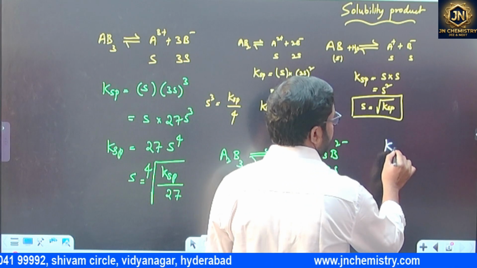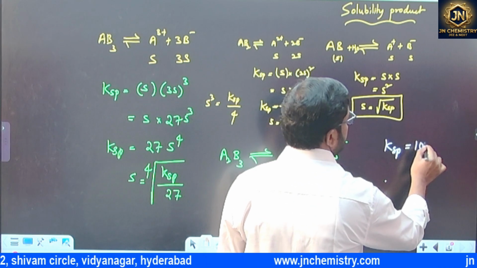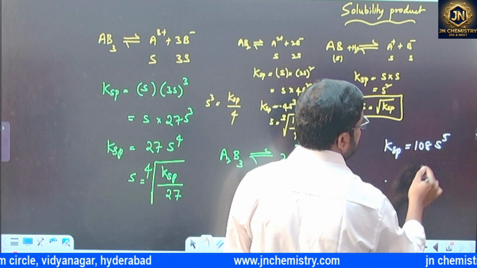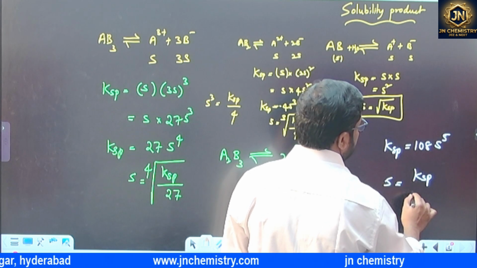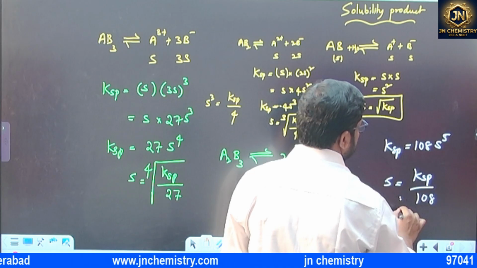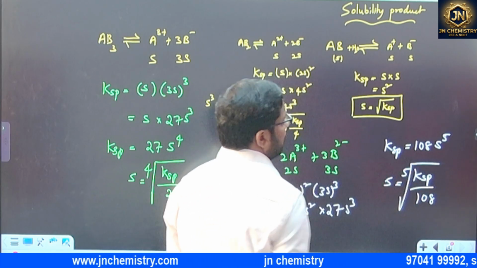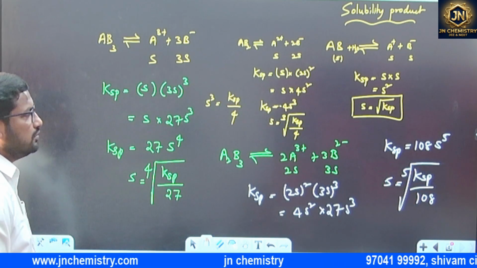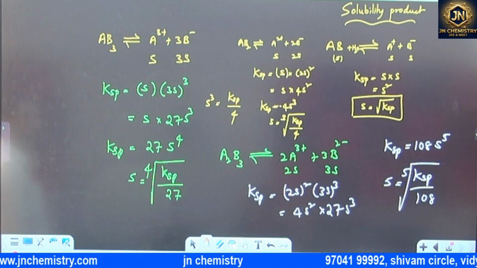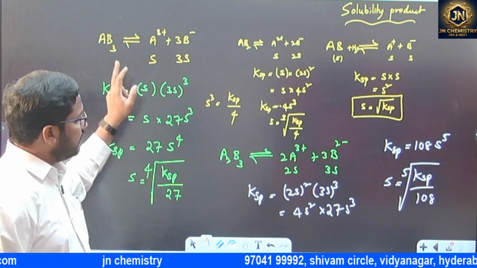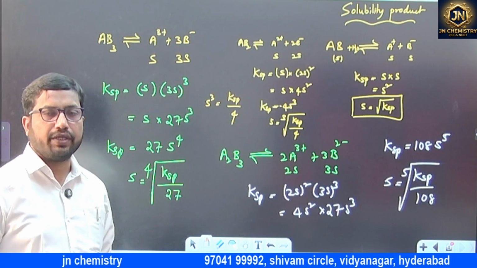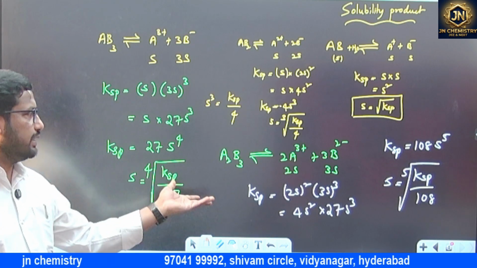Ksp is equal to 108 S⁵, so S is equal to the fifth root of Ksp by 108. Right, this is the way we need to do it: AB, AB2, AB3, A2B3. For AxBy type also we can take the same thing.